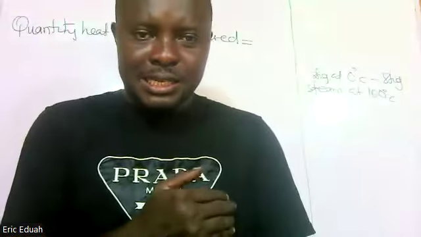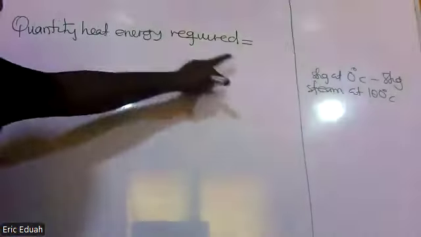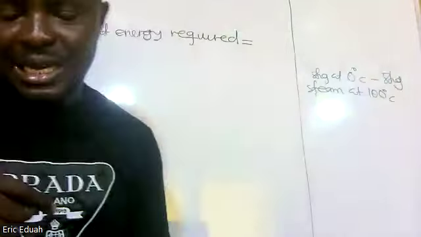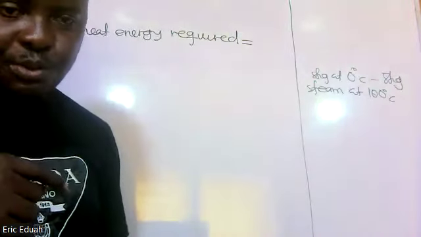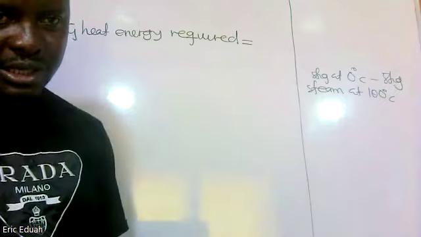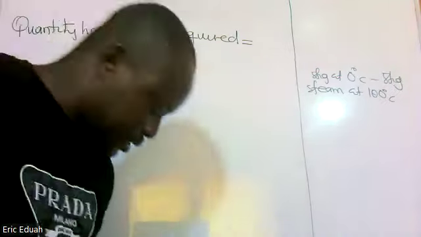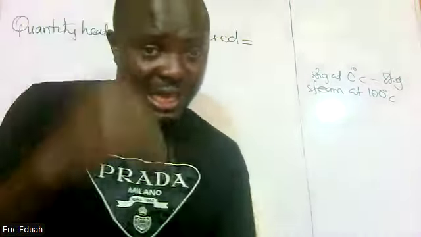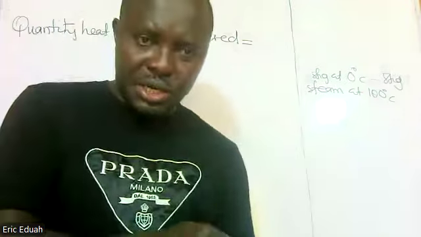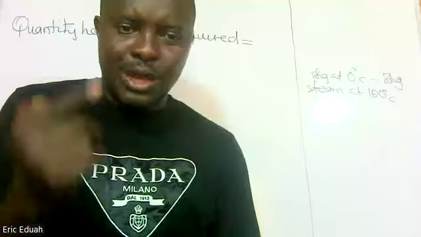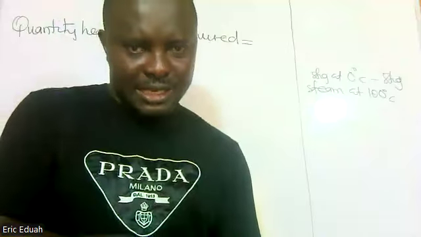The first stage is that once the ice is at 0, we are at the freezing point or the melting point. 0 degrees is the freezing point of water and also the melting point of ice.